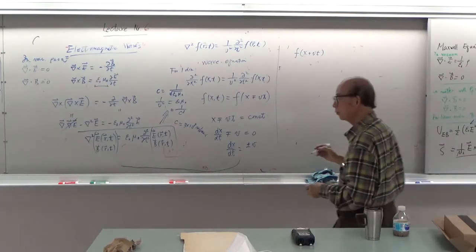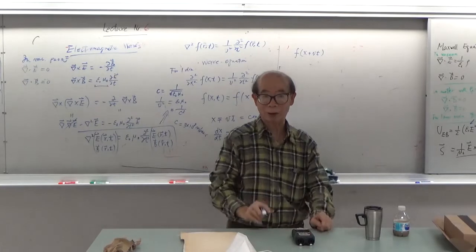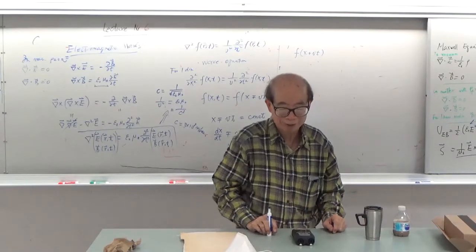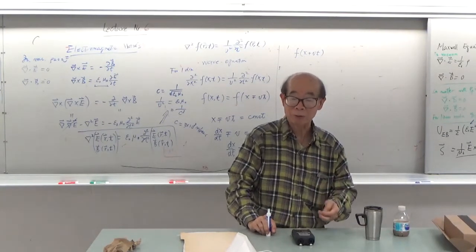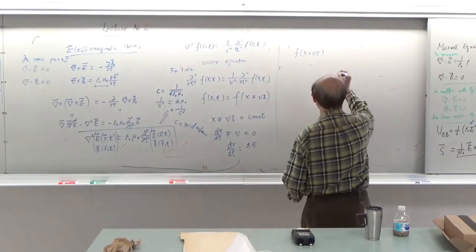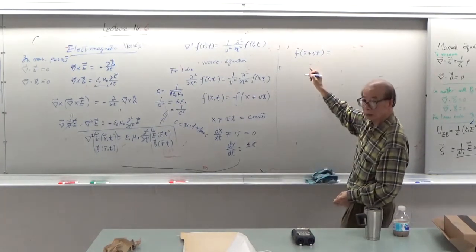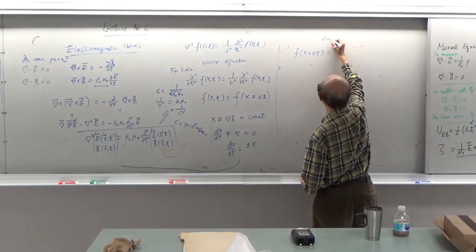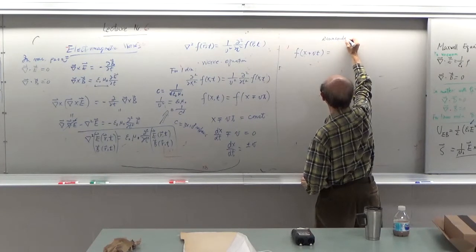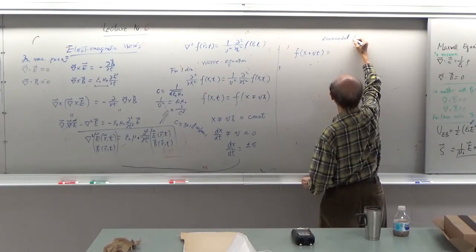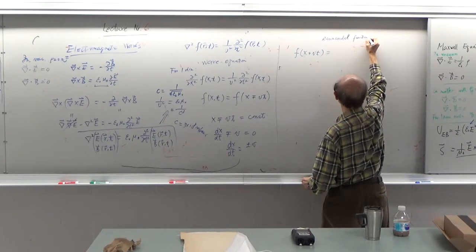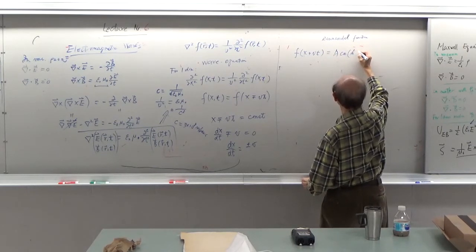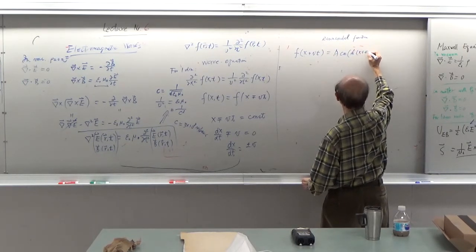The wave that's most familiar is the sinusoidal wave. And for very good reason, because all functions from your study of Fourier analysis can be written as linear combinations of sinusoidal waves. So let me write this as a sinusoidal wave function. It's equal to A cosine of k times x plus vt.